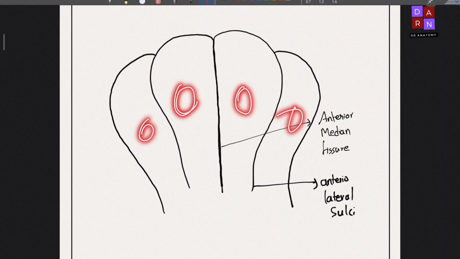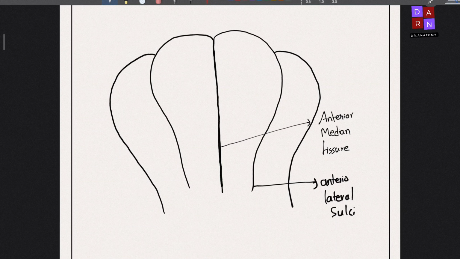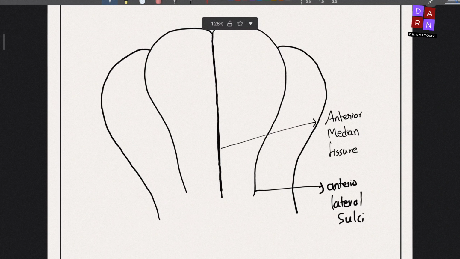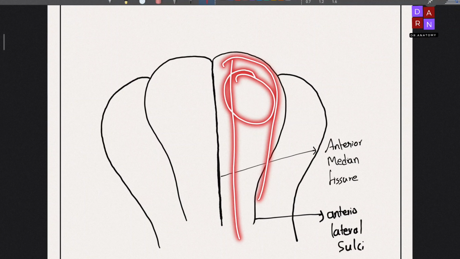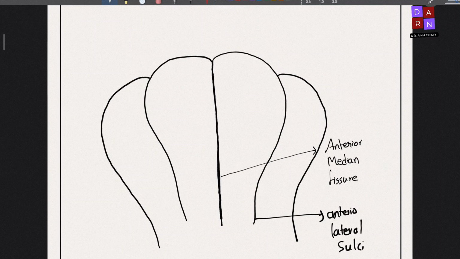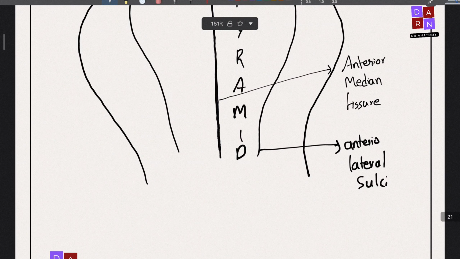In between, it has a longitudinal elevation. For example, this is the longitudinal elevation, named the pyramid.